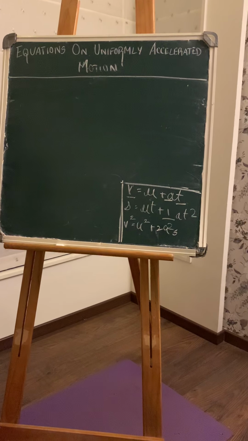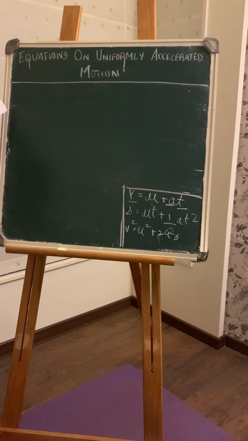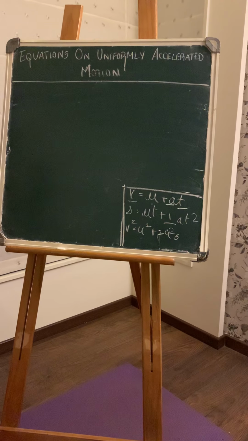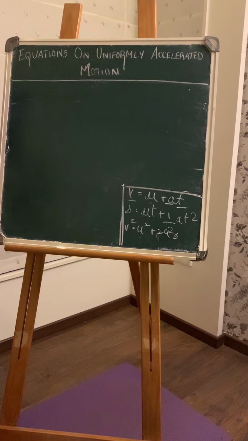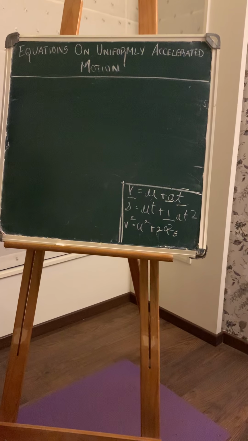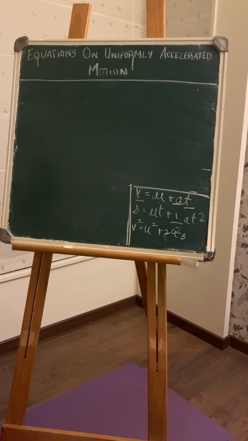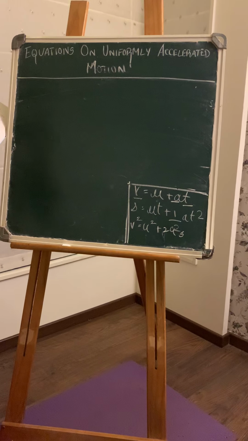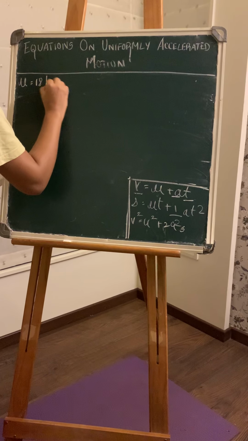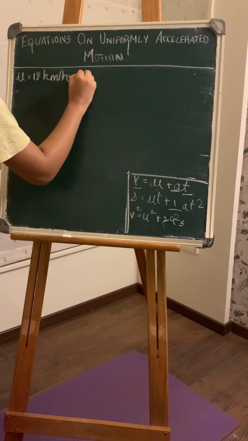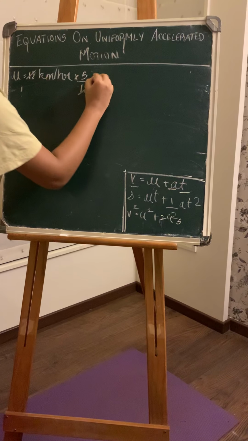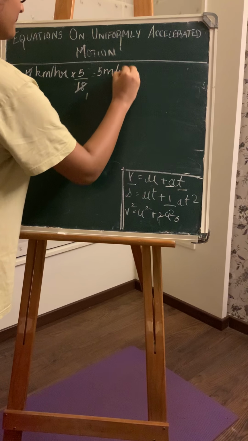Okay. So the last one, it says, a car accelerates uniformly from 18 kilometers per hour to 36 kilometers per hour in 5 seconds. Calculate the acceleration and the distance covered by the car in that time. Okay, so they say that the initial velocity is 18 kilometers per hour converted into meters per second, and we get 5 meters per second, right?